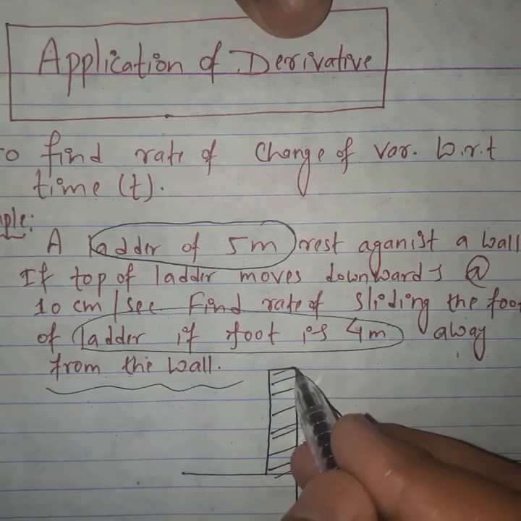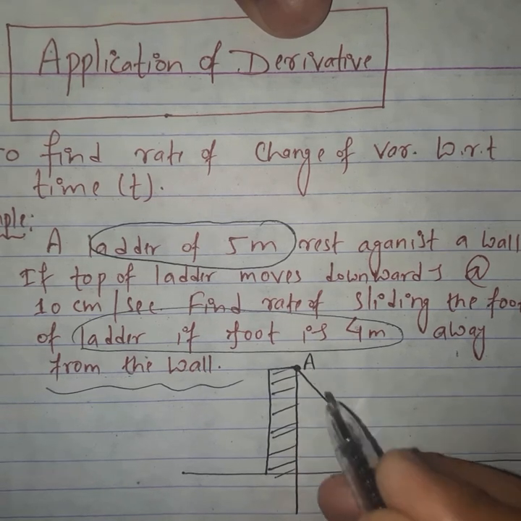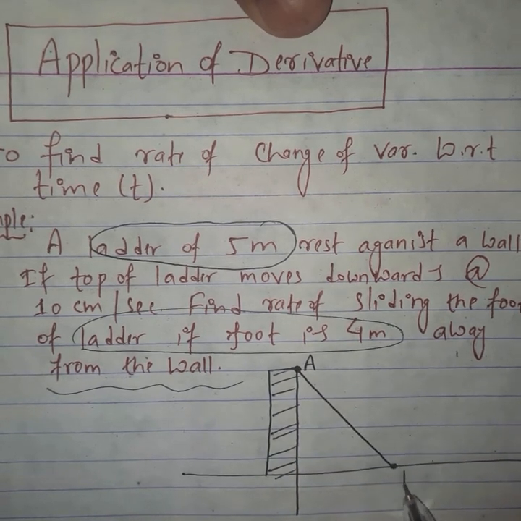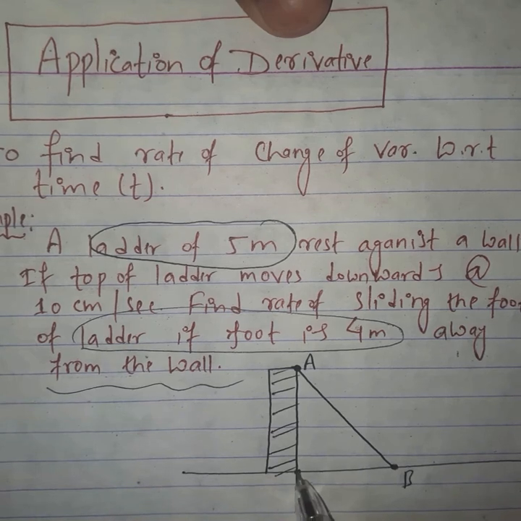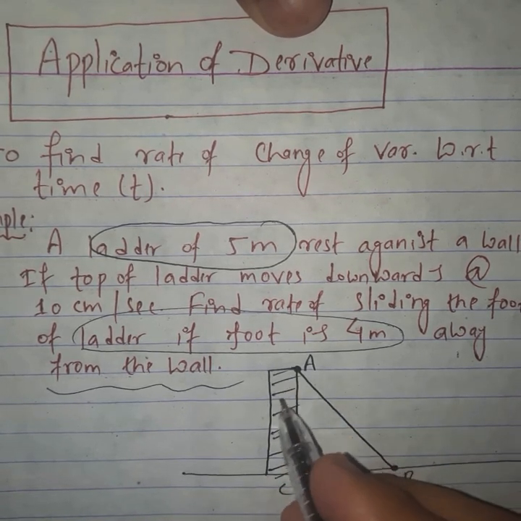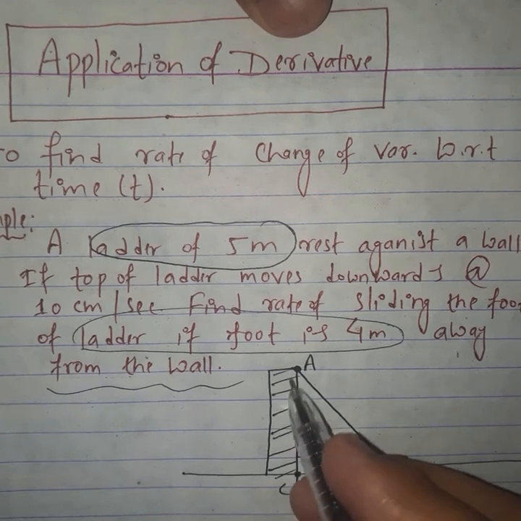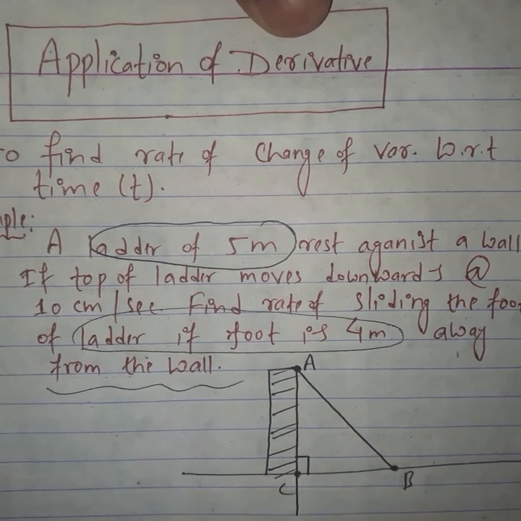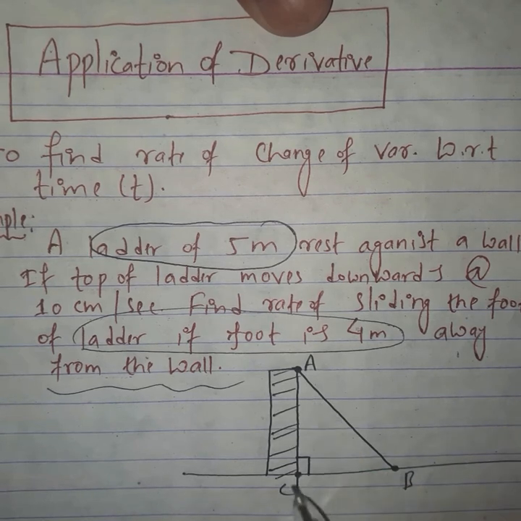This is the ladder. This is the top of the ladder. Let's say this is the point A, this is the point B, and this point is C. Remember that the wall is vertically upward, so it is 90 degree. Here a right angle triangle ACB is formed.